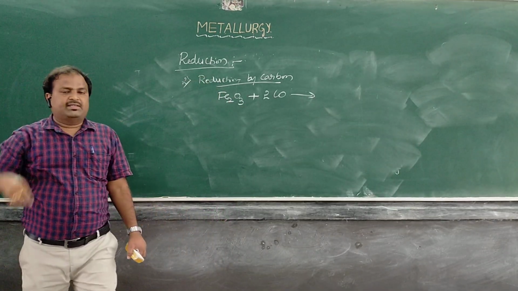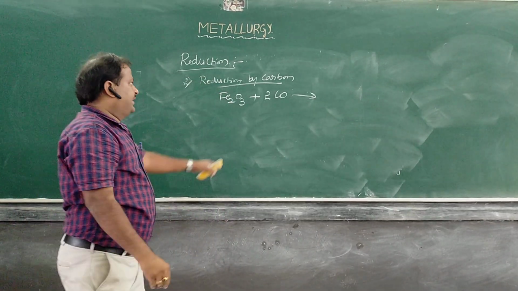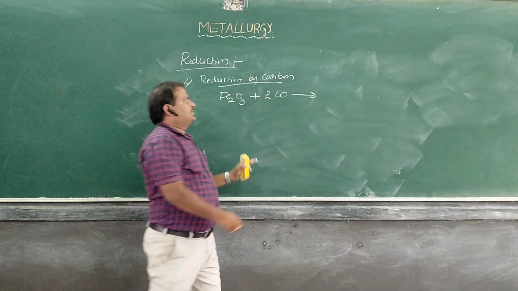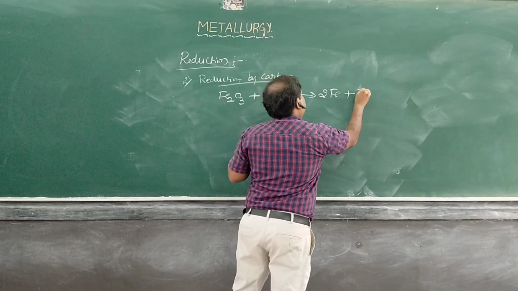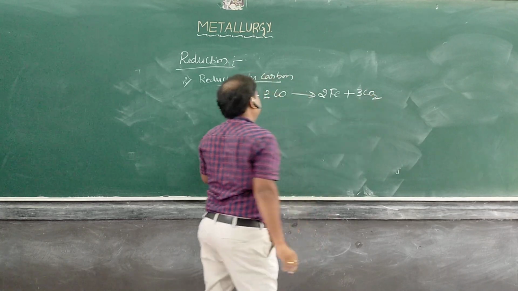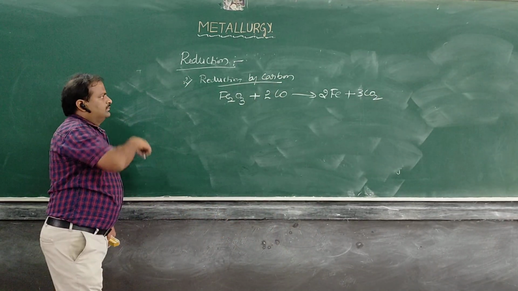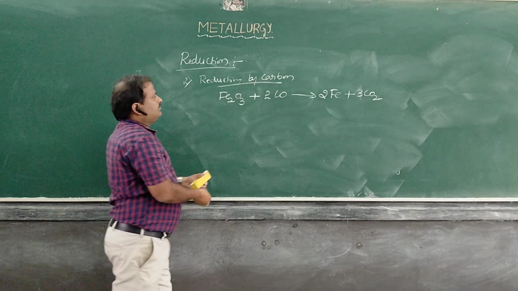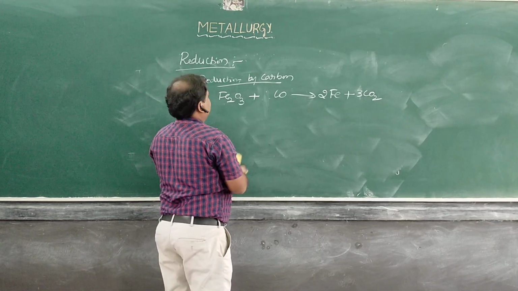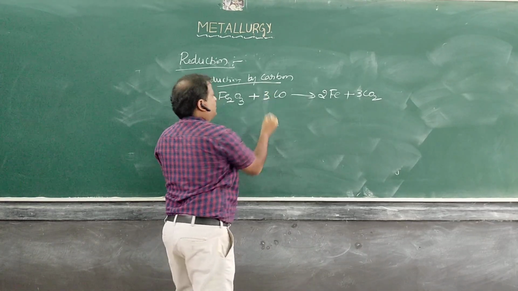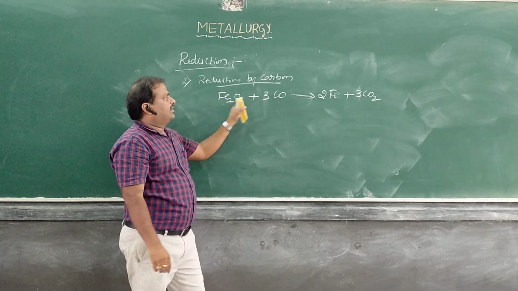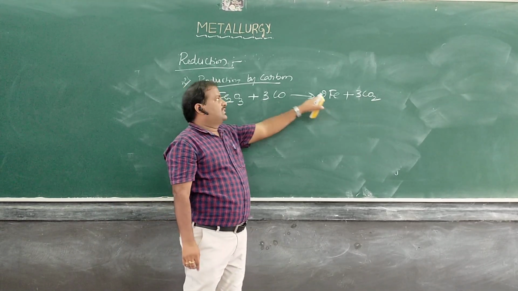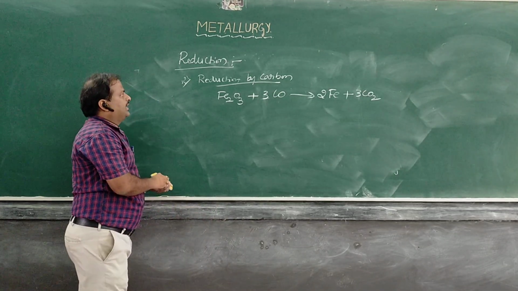Here carbon monoxide is used as a reducing agent. It reduces ferric oxide to the metal iron and carbon dioxide. So carbon monoxide is used as a reducing agent. It reduces ferric oxide to iron. This is reduction by carbon.